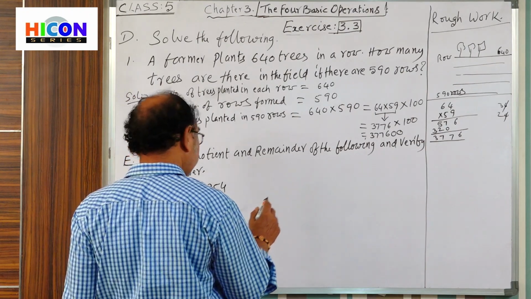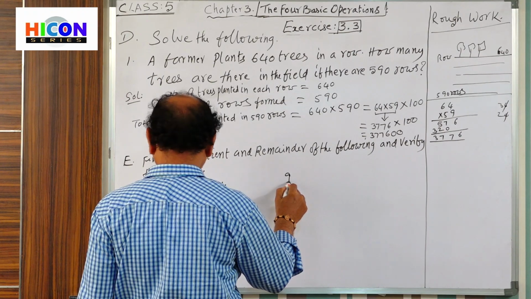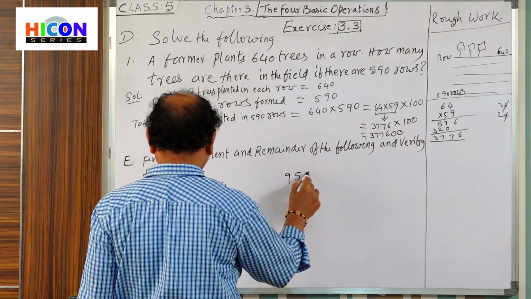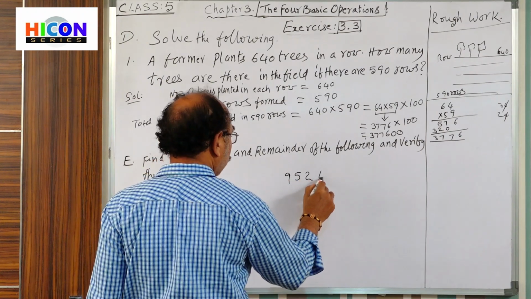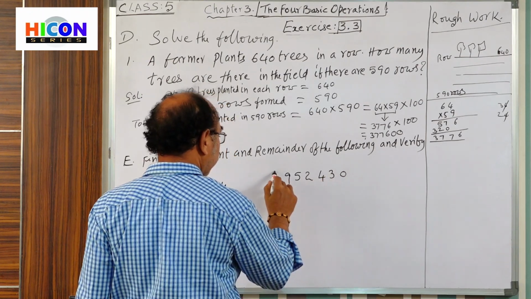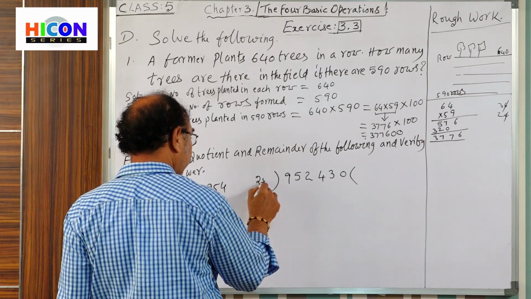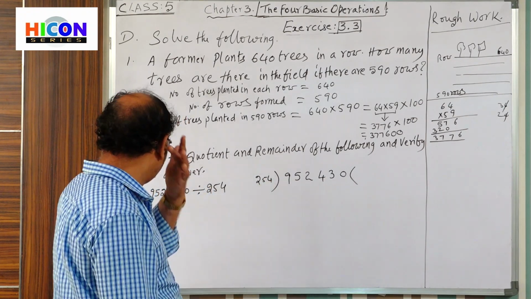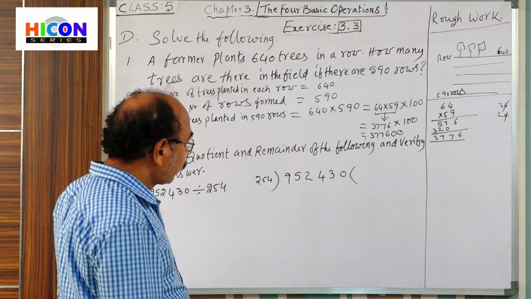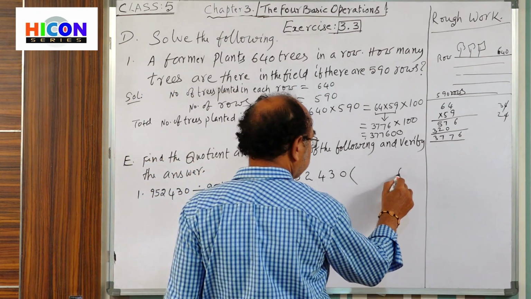So you see, children, 95,2430 divided by 254. Here we get a question.